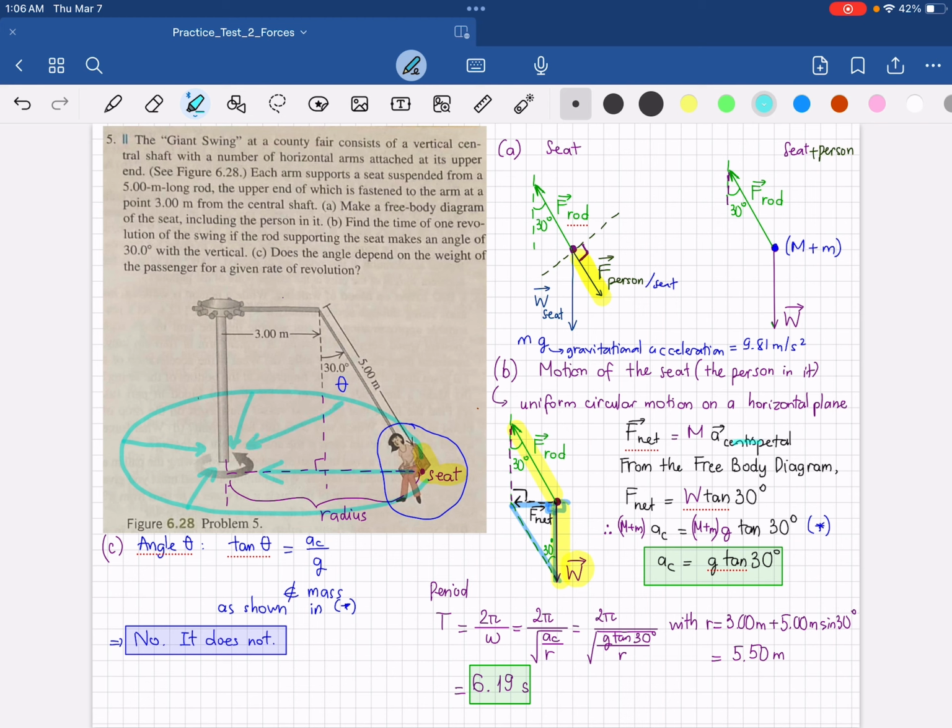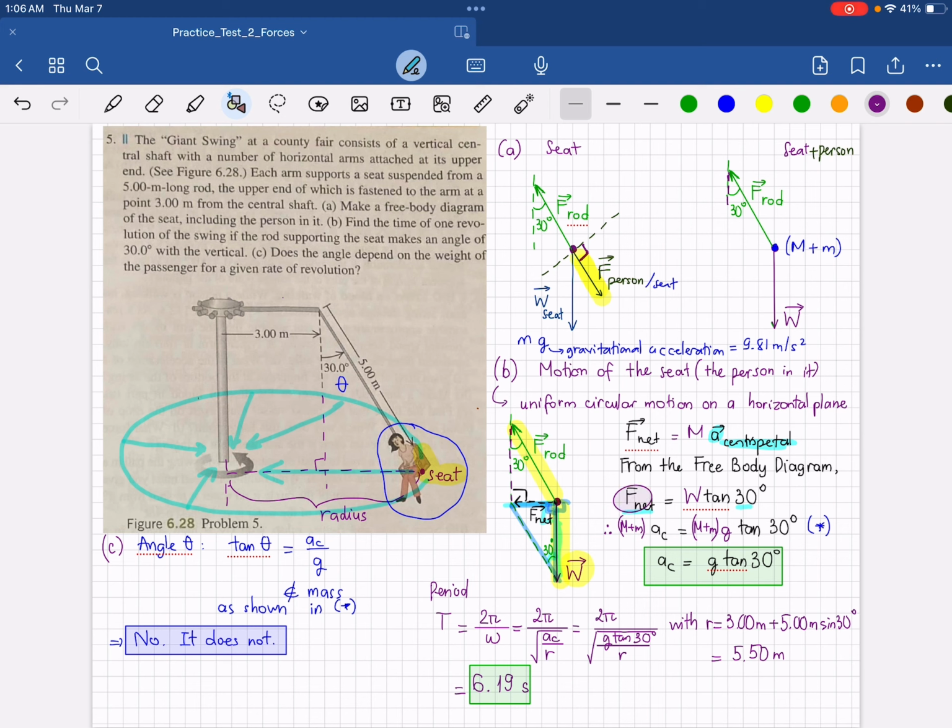So it's a centripetal force, and as a centripetal force, we can find the acceleration, and from the free body diagram we can find the relationship between them. The F net equals the weight times the tangent of the angle opposite to the F net, because this is a right triangle. Then we just plug in these values.